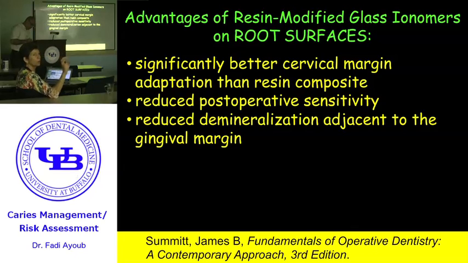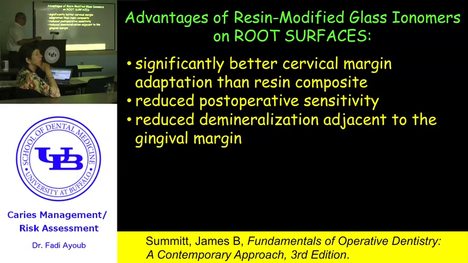Now, my problem is with the finish. With the Fuji 9, I can remove excess so easily, and I cannot with the LC. To me, the consistency when it starts out is too runny. I'm talking about the LC. And then I never know when to start manipulating it. If I do it too soon, you pull out of it. If I do it too late, then I don't get it contoured.